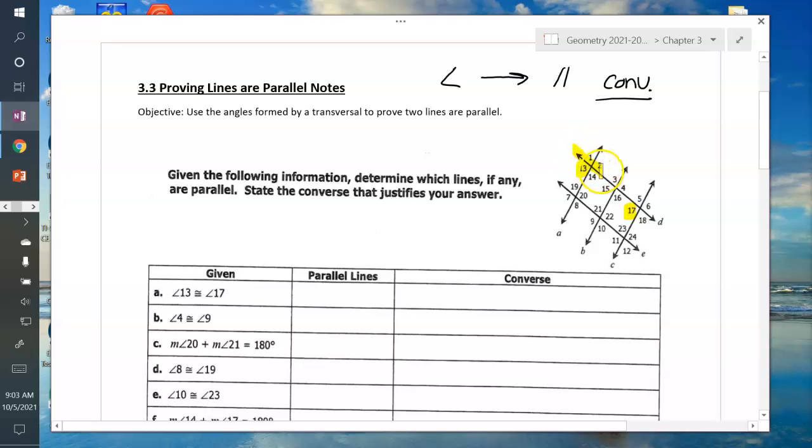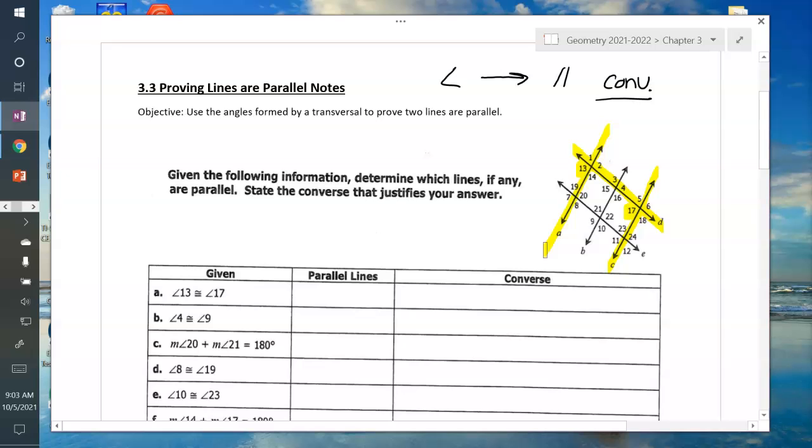And I see a transversal right here, and I see my 2 lines right there. So there's our 2 lines, there's our transversal. 13 and 17 are then same side. They're on the same side, but they're not on exteriors or interiors.